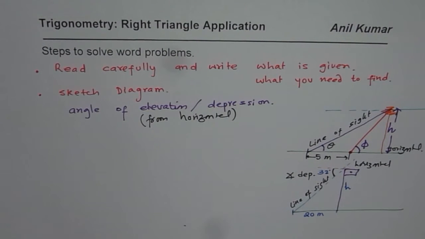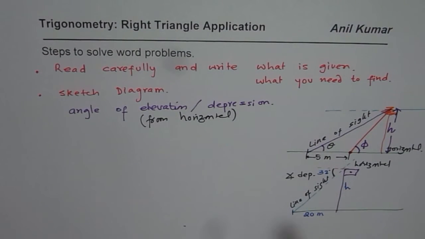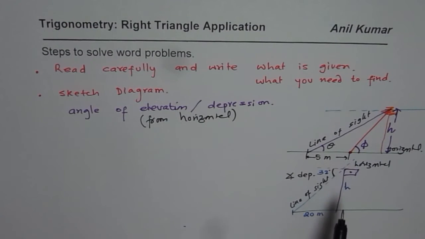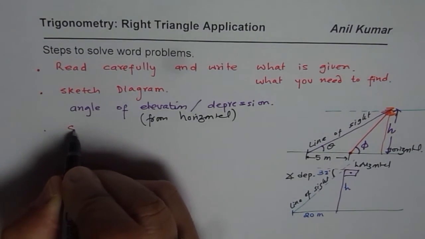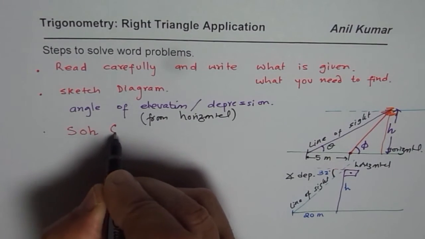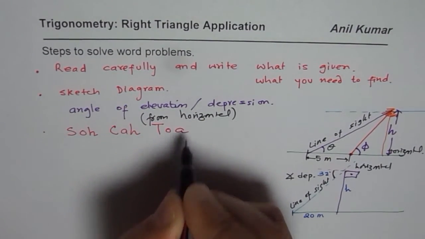But the idea here is to understand how to solve word problems as I shared with you. So first read, sketch the diagram, label it, right? So that you clearly know what to do and how to do it. And then once you have your problem, think about SOHCAHTOA, right? Sine is opposite over hypotenuse, cos is adjacent over hypotenuse, and tan is opposite over adjacent.